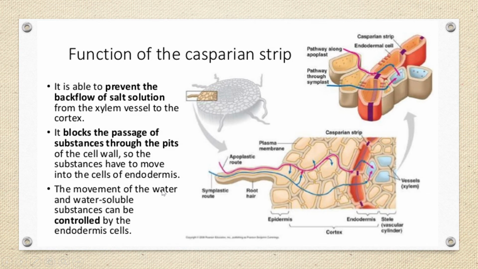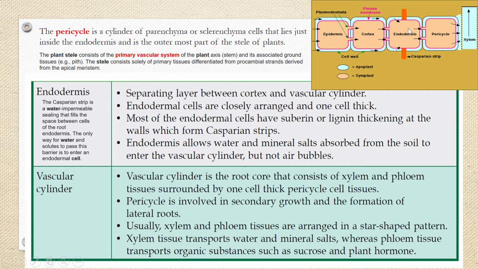So the movement of water and water-soluble substances can be controlled by the endodermis cells. Okay, so it is through this pathway, the endodermis cells. So there is no leaking back like this because of having these Casparian strips.